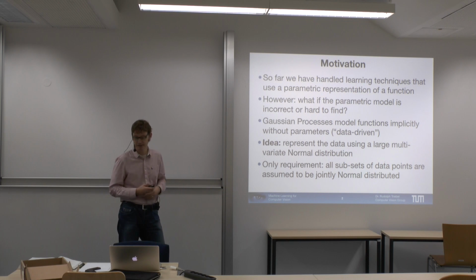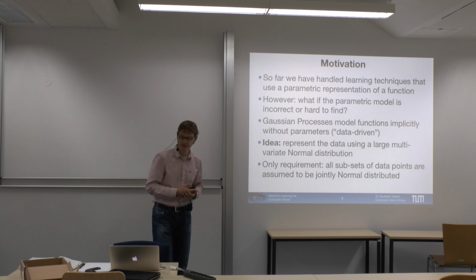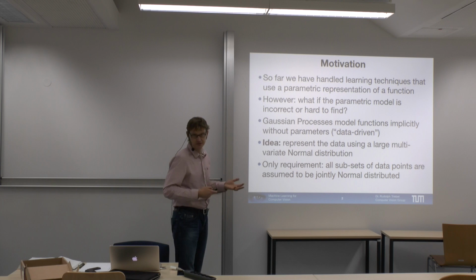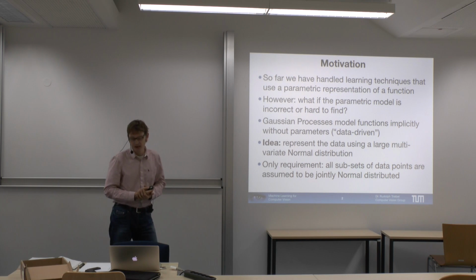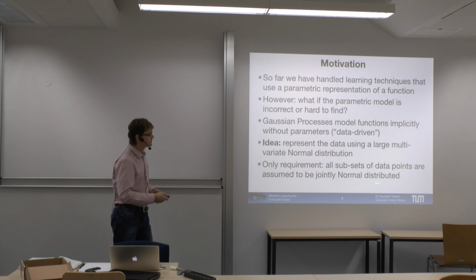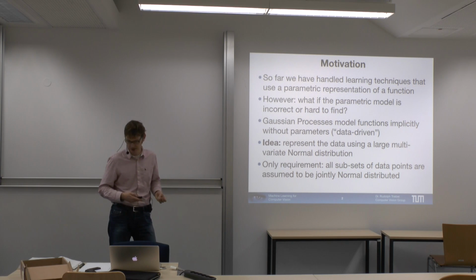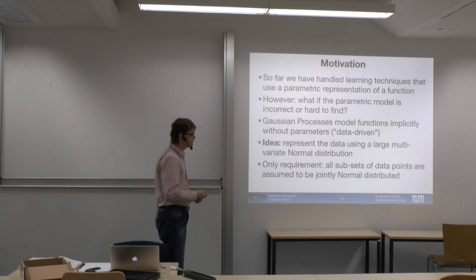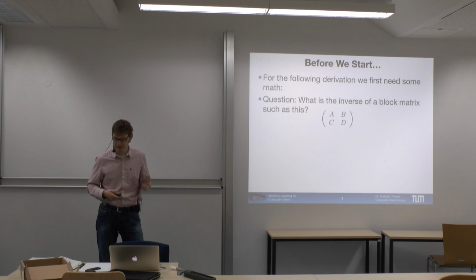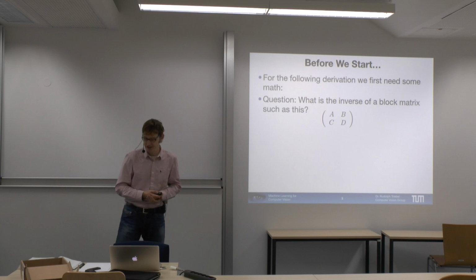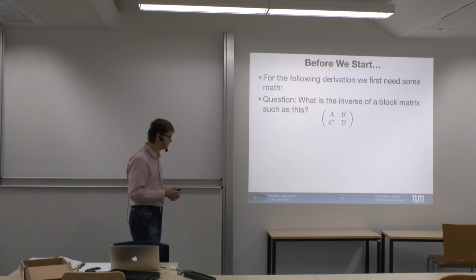We know that most processes in the natural world are Gaussian distributed. So if you assume that subsets of data points are jointly normally distributed, I think this is not a bad assumption.